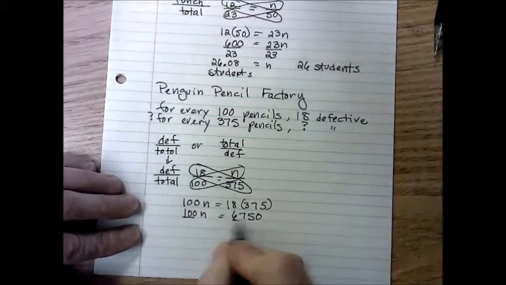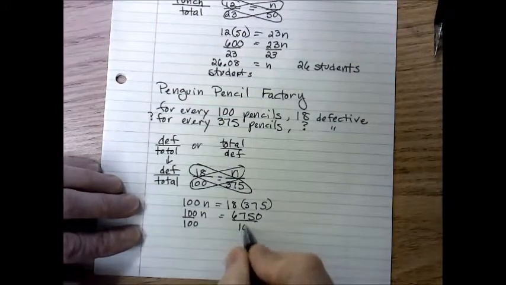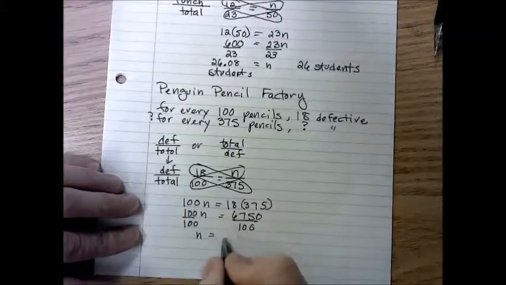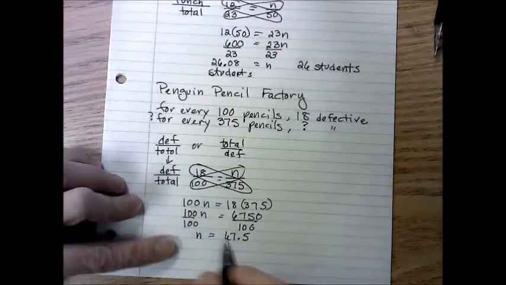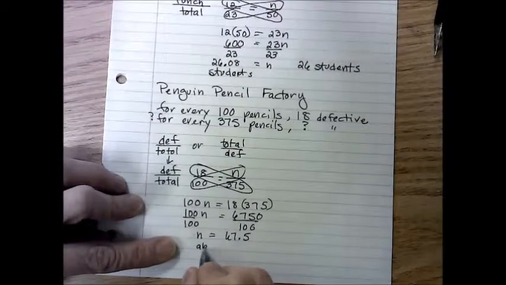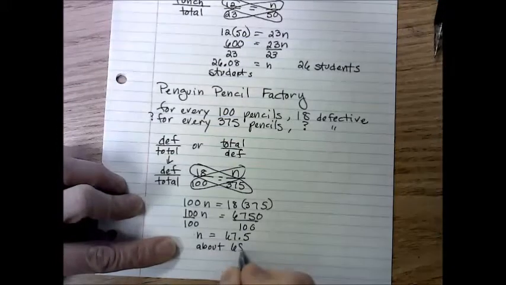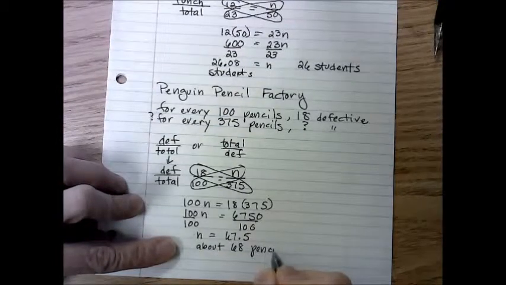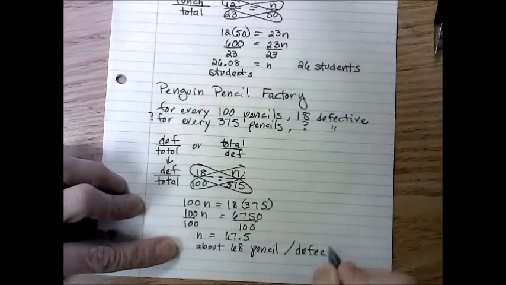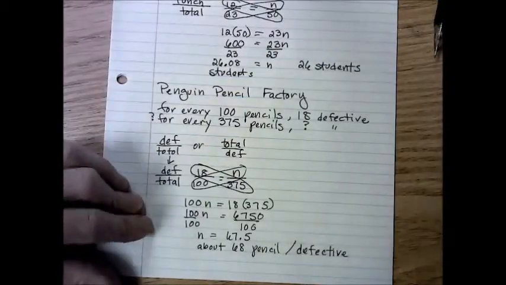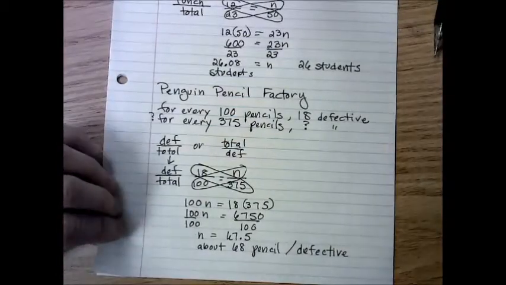So we're going to divide both sides by 100 now. And n would be equal to 67.5. So we would round our answer to about 68 pencils would be defective for a batch of 375.